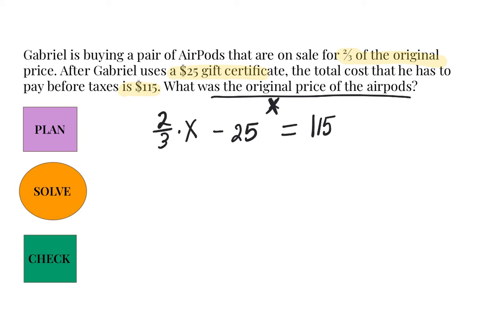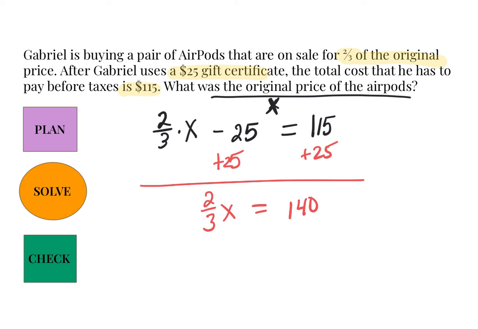So now I'm going to carry out my plan by solving. I'm going to solve this two-step equation. So we're left with 2/3 X is equal to 140. And then I'm going to multiply by the inverse to get rid of this fraction so X can be by itself.